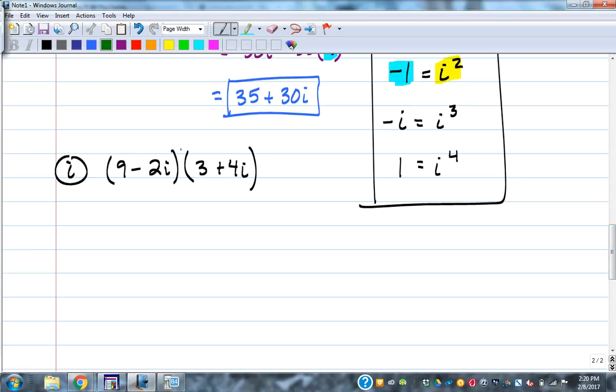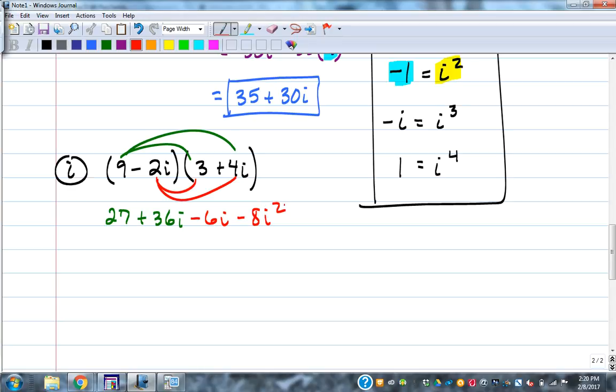So we're distributing 9 to both of those. That'd be 27 plus 36i. And then we're distributing negative 2i to both of those. That'd be negative 6i minus 8i squared.